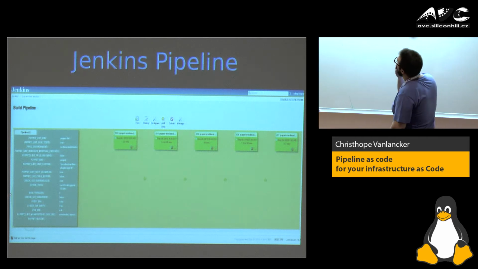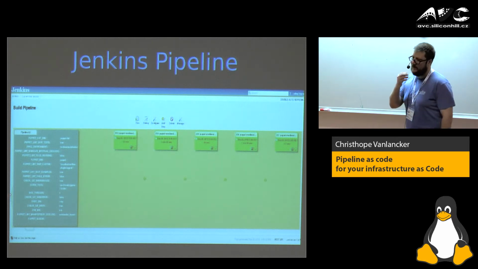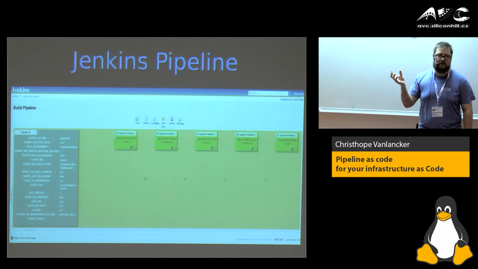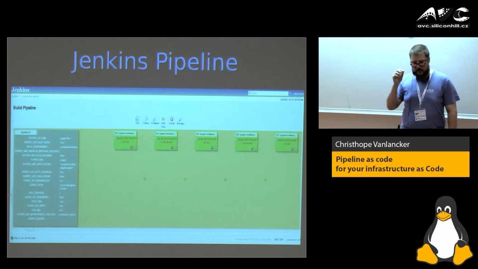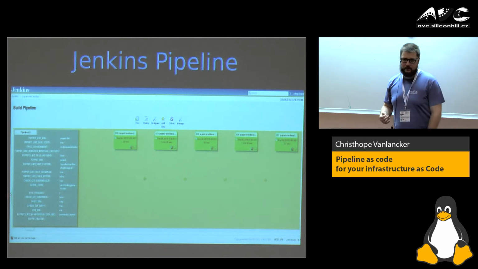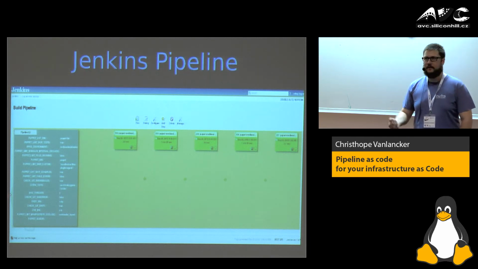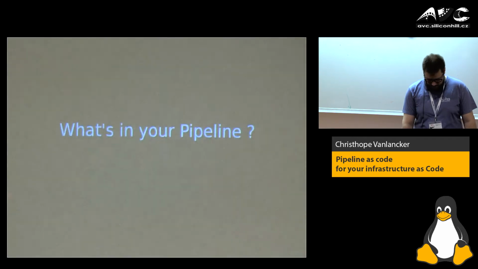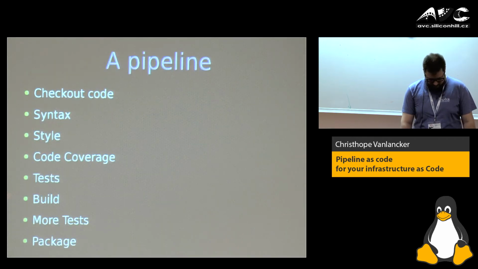Usually you have a job that fetches your code from a repository. You do some tests on it, then usually you package it and then deploy it. This is what it usually looks like on our infrastructure.